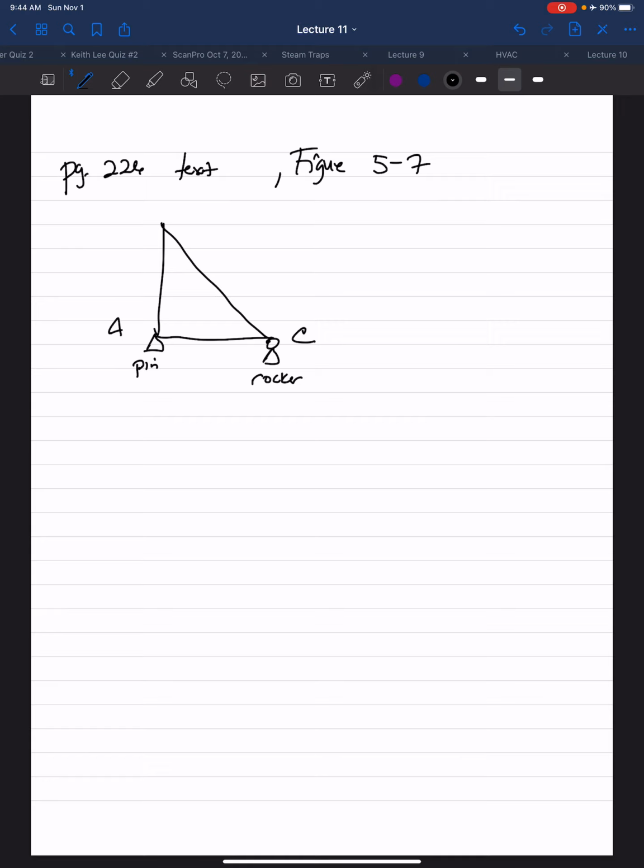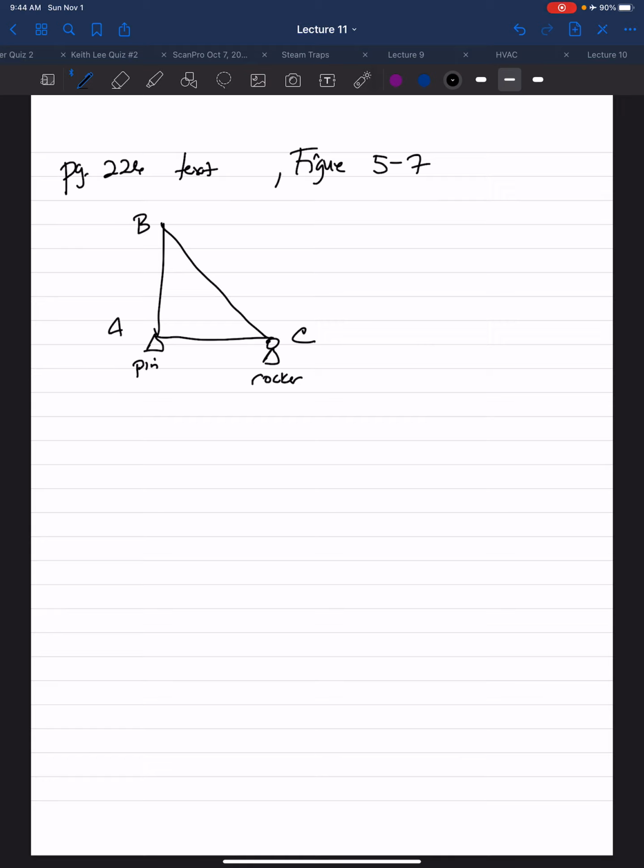So if we look on page 226 of the textbook, figure 5-7, they give you an example of a simple truss. It's pinned at A, a rocker at C, and B is a smooth pin.